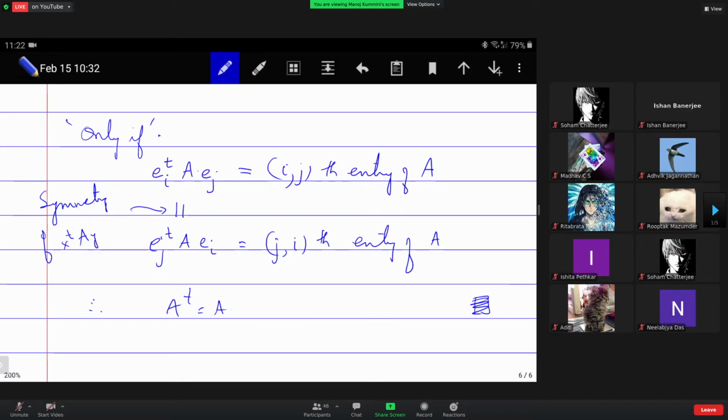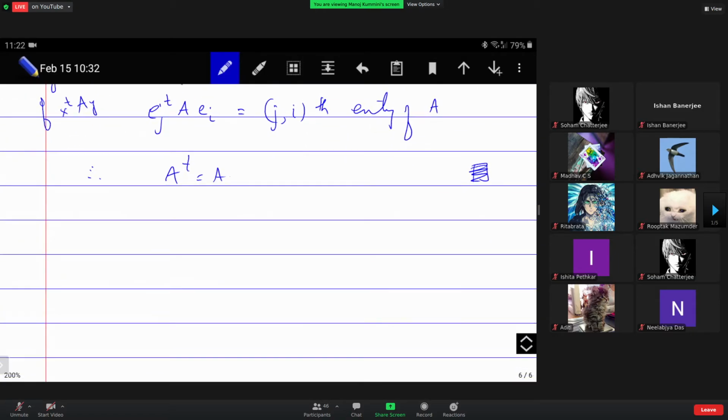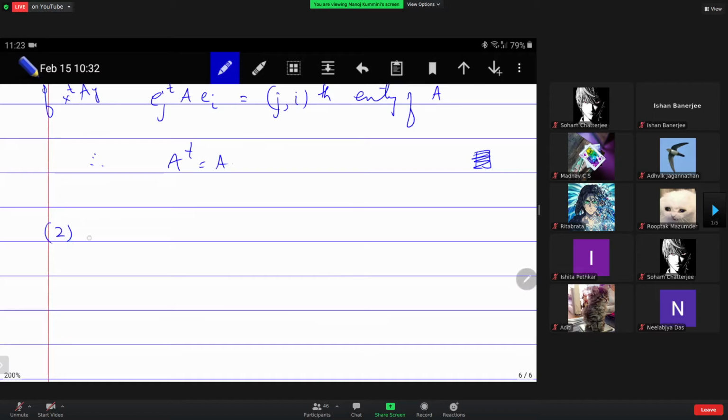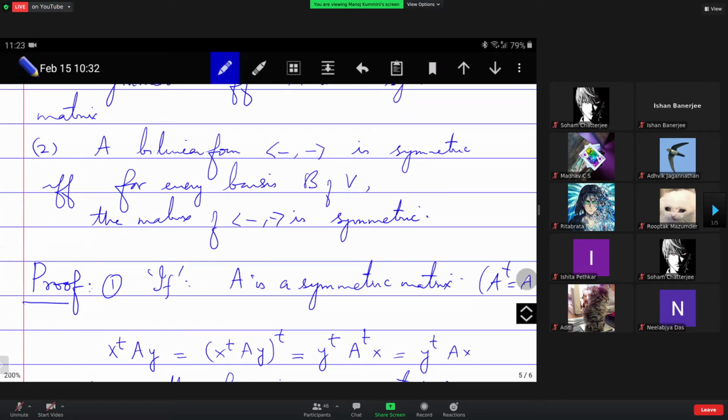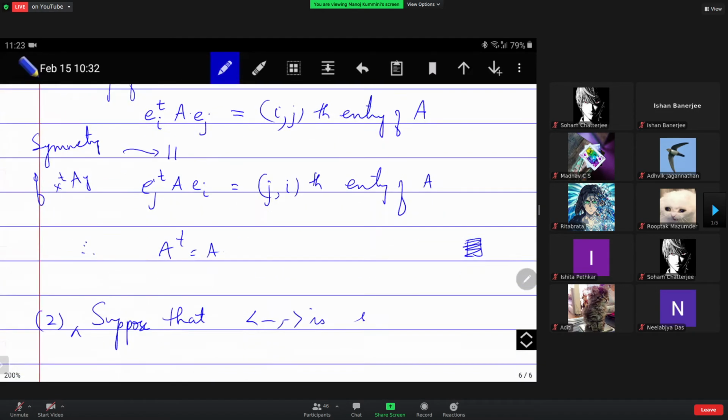Okay, that I mean the thing which says X transpose A Y, that form is symmetric if and only if A is symmetric. Now, proof of two. Okay. Suppose that this is symmetric. So now I'm proving the, which way did I state it? Linear is symmetric. So I prove the only if.